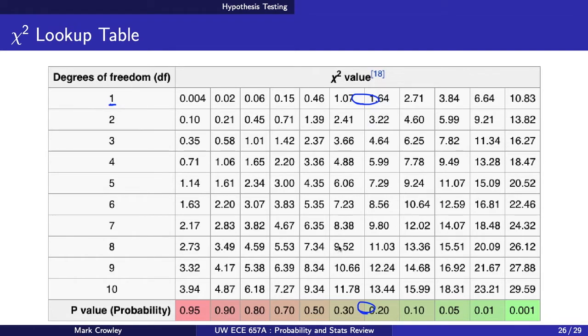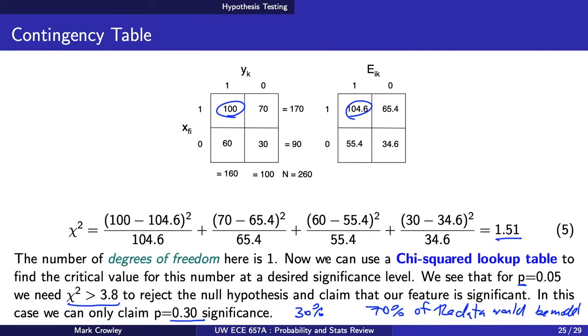So if we wanted to have p of 0.05 and say that our model handles 95% of the data, and that's how much data you have to have for the null hypothesis to be true, then we'd have to get a value here of 3.8 after we run this formula.